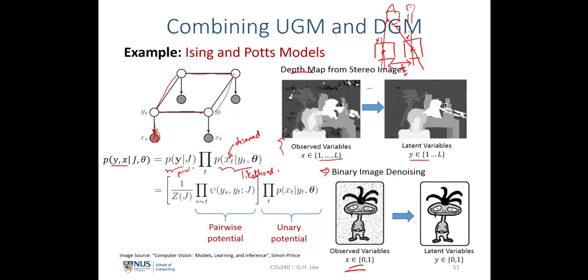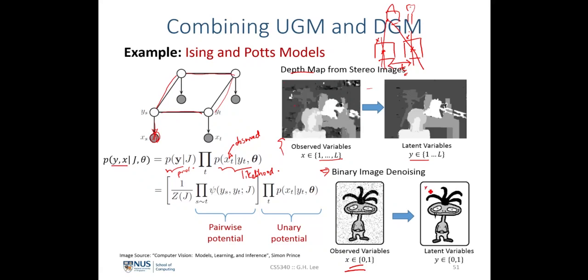What we want to recover here is the clean image, where we represent each pixel as a latent random variable y. It can also take a binary state of 0 and 1. In this case, we will represent the latent variables using an undirected graphical model because of the spatial arrangement of the pixels.